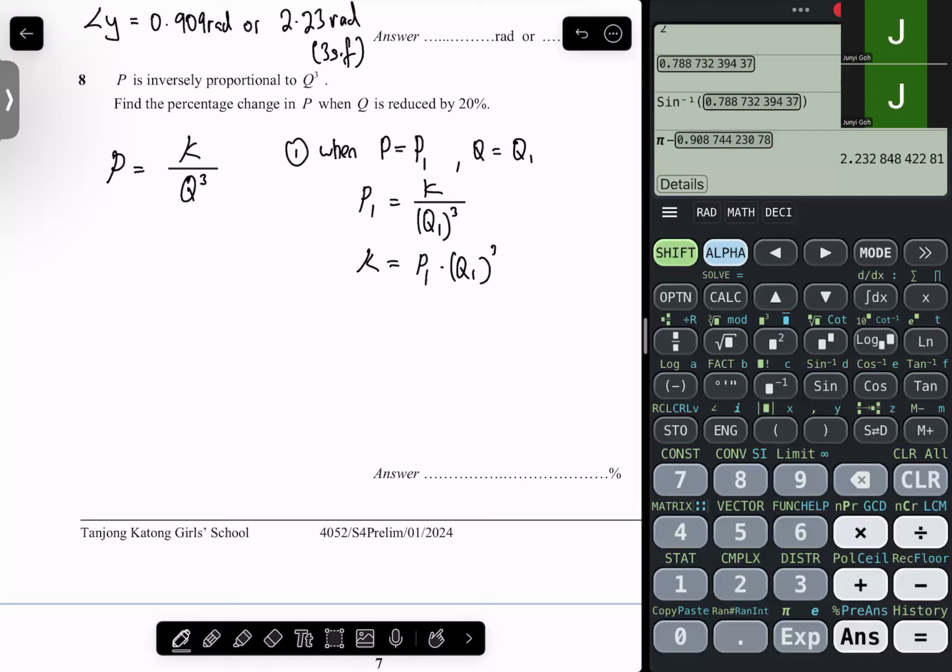Hopefully this makes sense. Remember, in inverse proportion and direct proportion, we are always interested in finding K. So K in this situation is this whole thing.